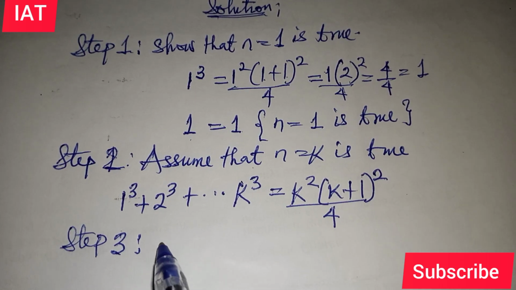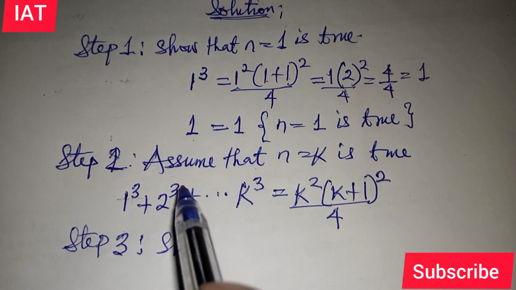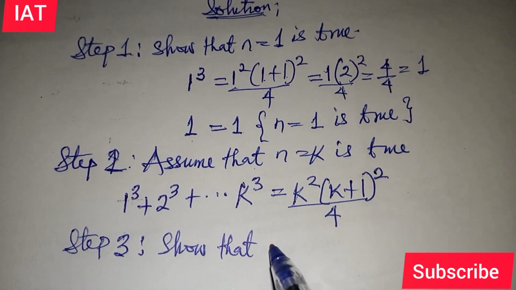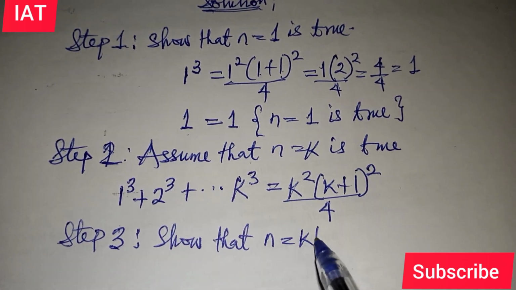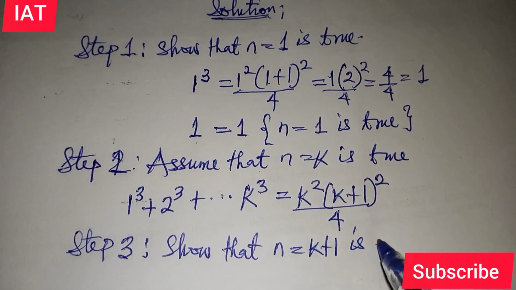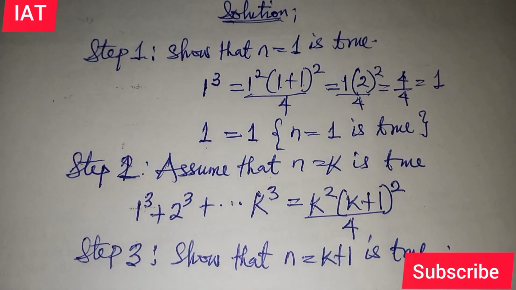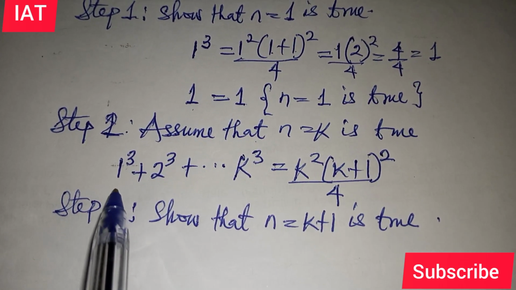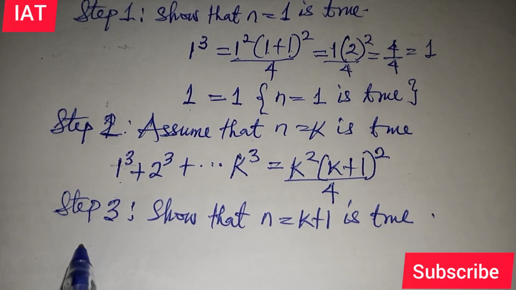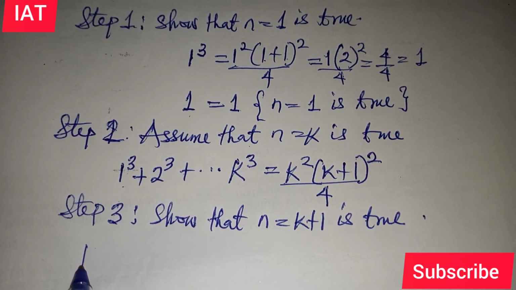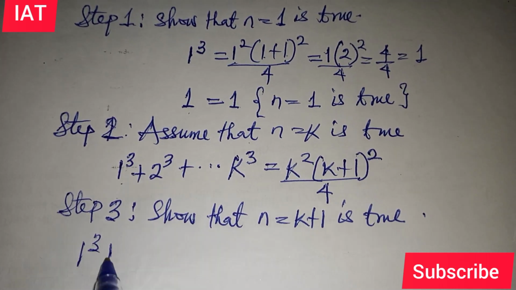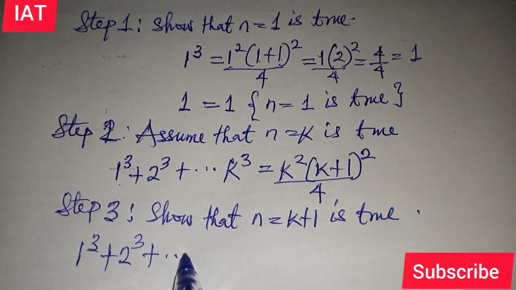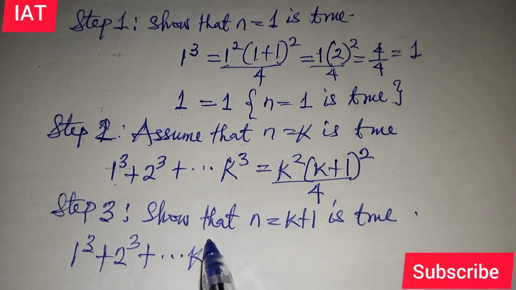In this step 3, we want to show that from the assumption we've made above, n equal to k plus 1 is true. So in this case, we need to build from what we have established: 1 to the power of 3 plus 2 to the power of 3 plus up to the number k to the power of 3.